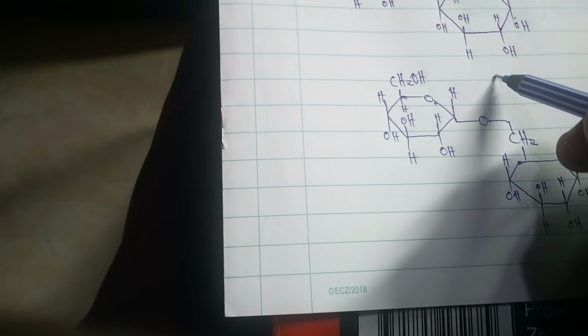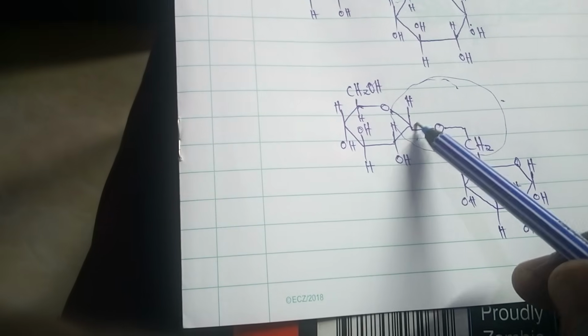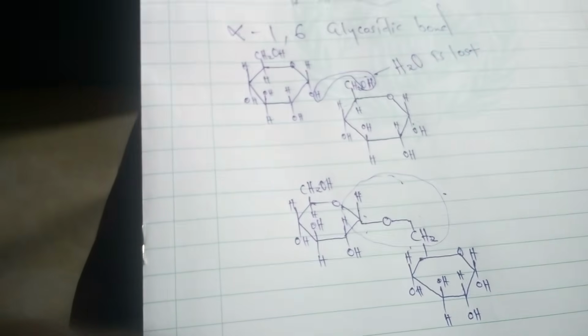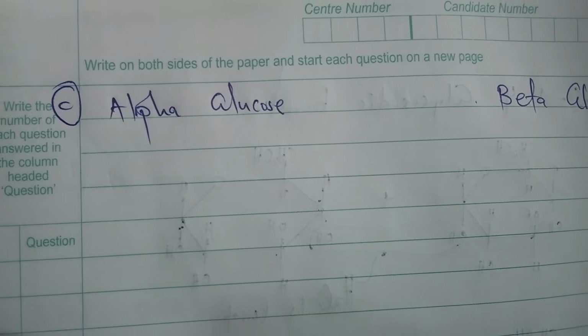So what you are seeing there is what we call alpha 1,6, because this is prime 1 and this is prime 6. So this bond is what we call the alpha 1,6 bond. So we proceed to the next one.